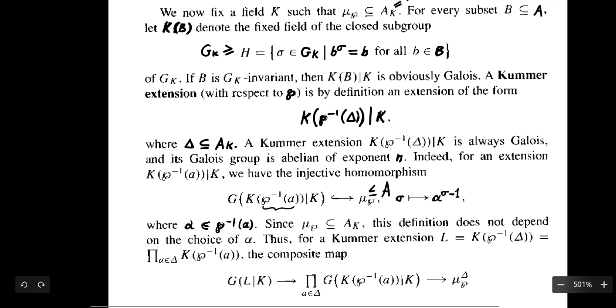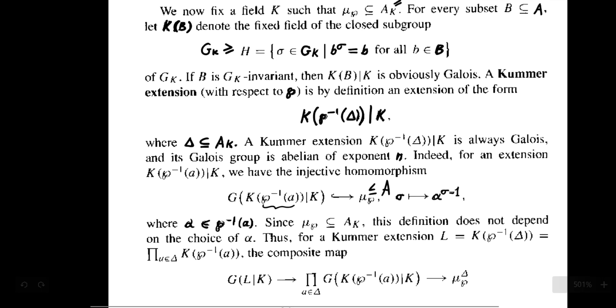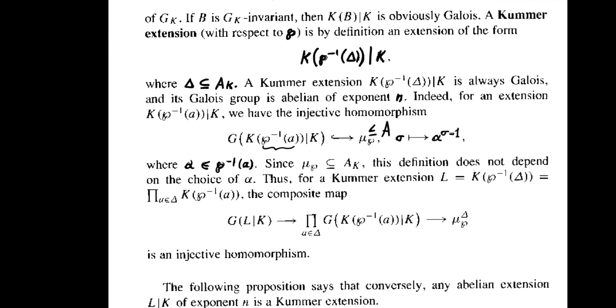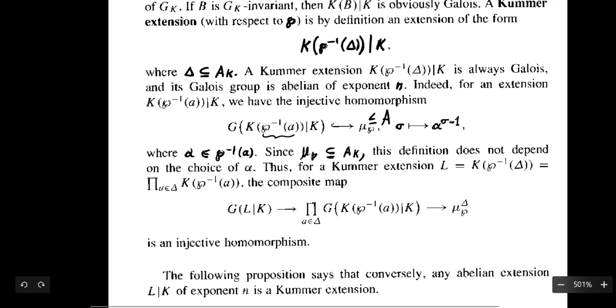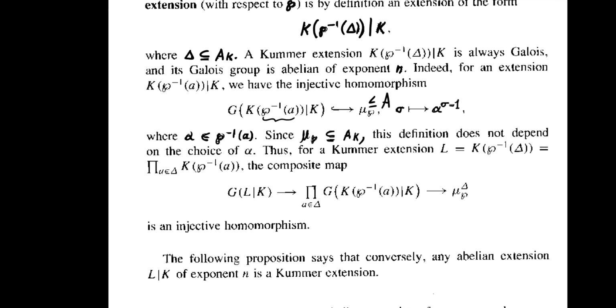Mu p is in AK because we fixed it in that way. This definition does not depend on the choice of alpha.